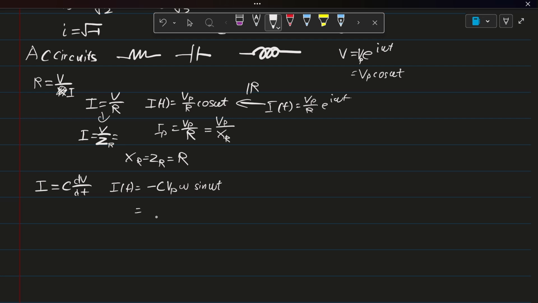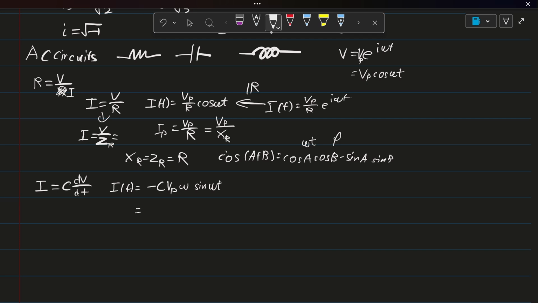Now, if we try to reconstruct this, notice that cosine omega t could be written as cosine... Sorry. So instead, let's write it like this. Cosine A plus B is the same thing as cosine A cosine B minus sine A sine B. So now instead of A, we could use omega t, and for B, we'll just write that as phi.